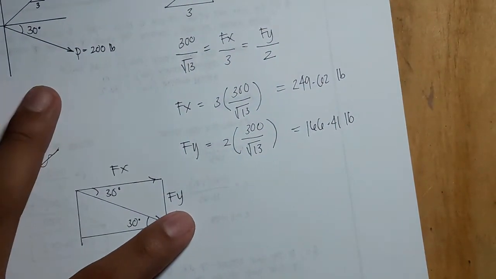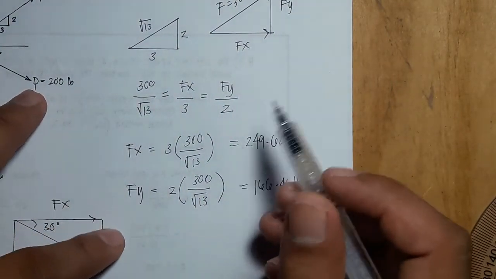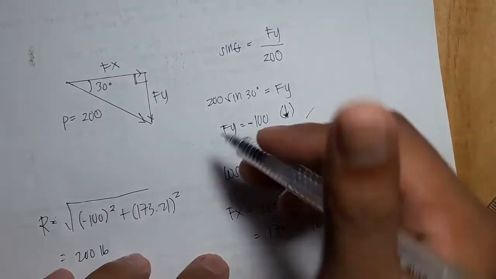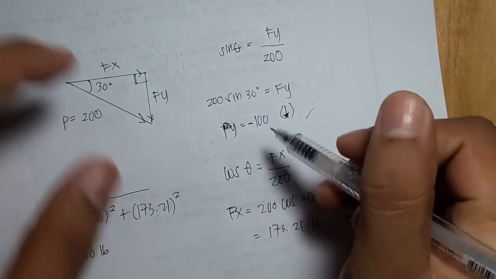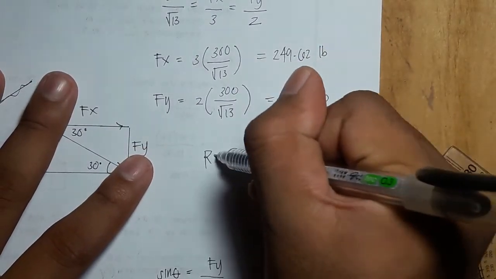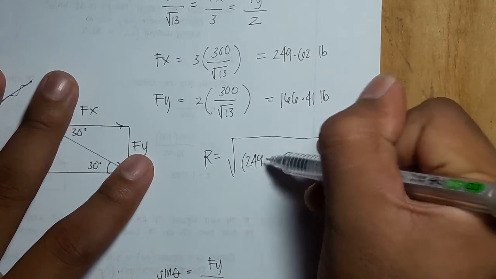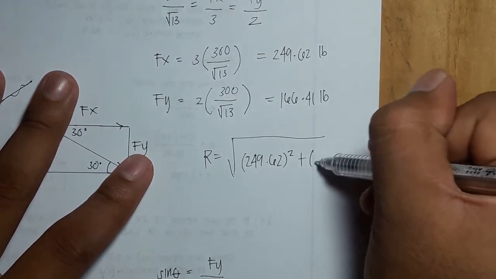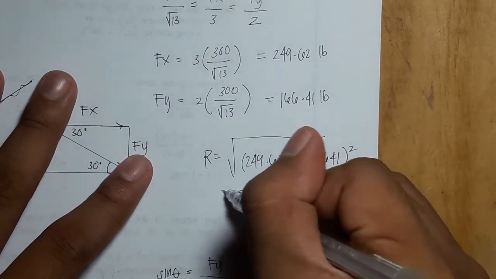So here also, this Fx and Fy, this is Px and Py. This is Py and Px. So for these two, using the same formula, we can check if they are correct values. Square.